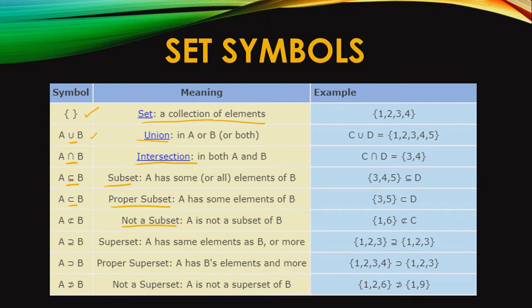It is a C with a slash. Superset is like the subset but reversed. So its symbol is an inverted subset. Proper superset is not inverted but the flip of C. And not a superset is the proper superset but with a slash.